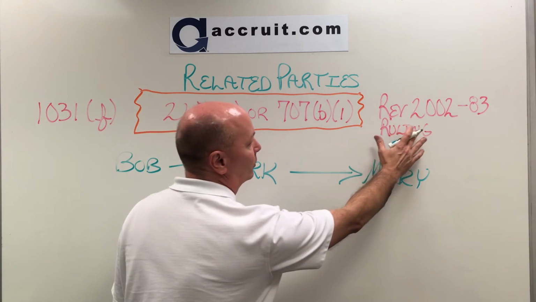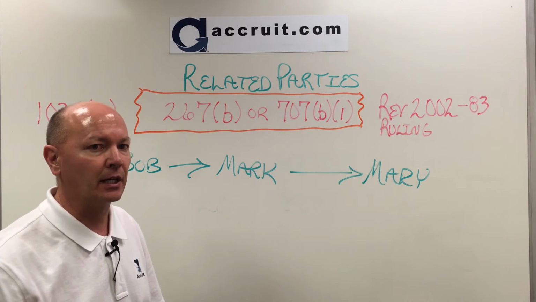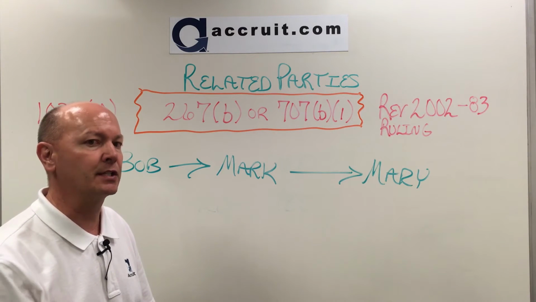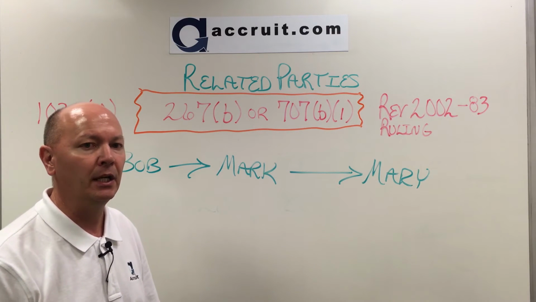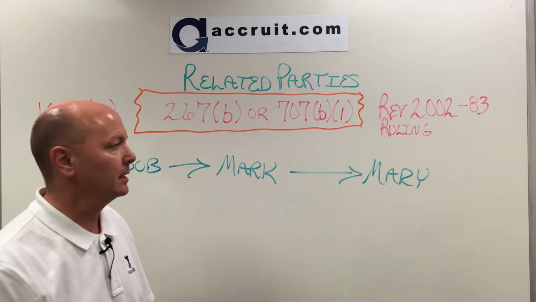And this Revenue Ruling 2002-83 tends to cause most related party exchanges on the replacement property to not be valid or be very risky at best.